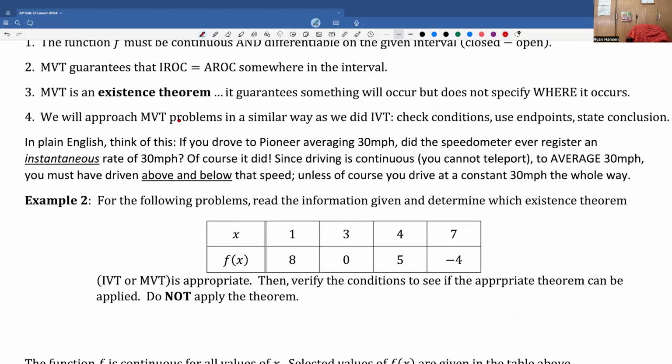Because how can you average 30 miles per hour unless you went below and above, which means you went through it, because speed cannot jump, it's continuous. It's just like if the temperature is 27 degrees Fahrenheit right now and it goes up to 36, there's some average in between there, and you would have to have crossed that temperature in order to average it. It's just the way that it is. Okay?